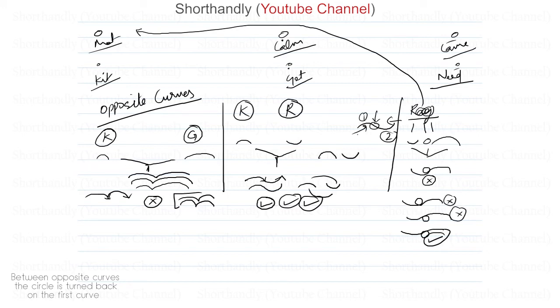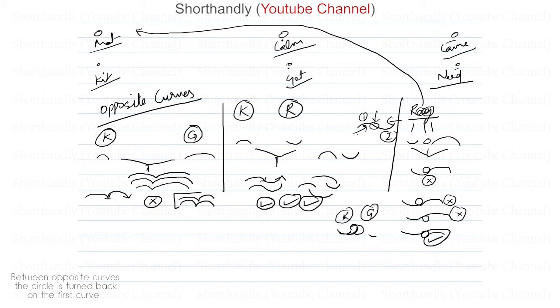Let's do this again so that you can understand it better. First we have the R curve like this, and then we have this G curve. Before making the G curve we have to use the vowel A. If the curve is going like this, the statement says that the circle is turned back, so we don't follow this motion, we go in the opposite motion like this.